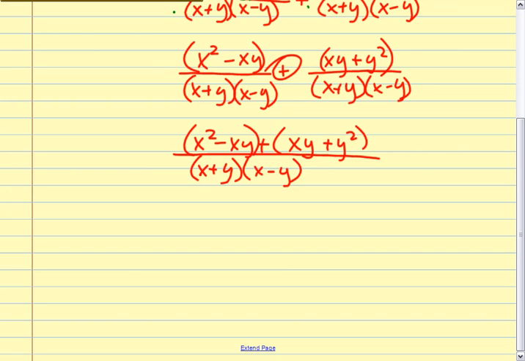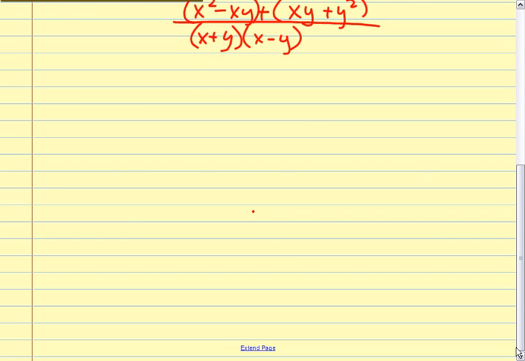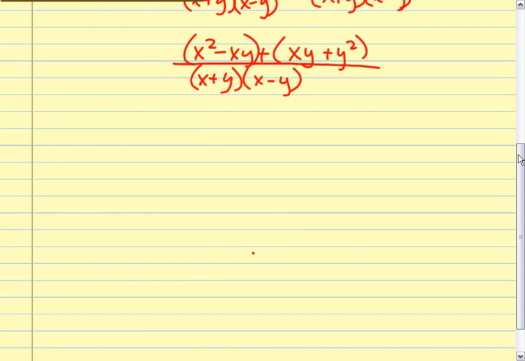Now, I have to distribute because I've got to put them together. And I have to simplify them in order to do that. So now I'm going to drop the parentheses, and that gives me x squared minus xy plus xy, nice, plus y squared, all over x plus y times x minus y.